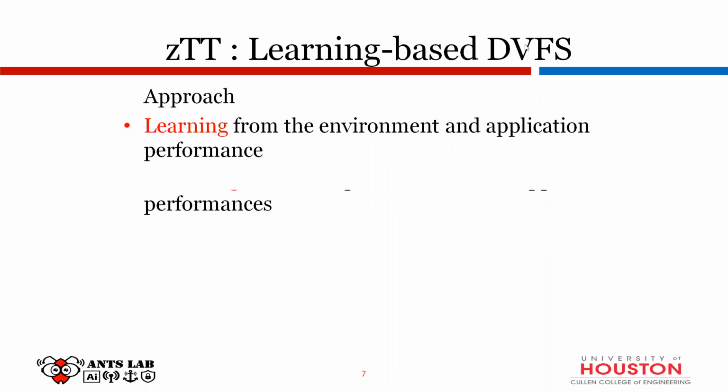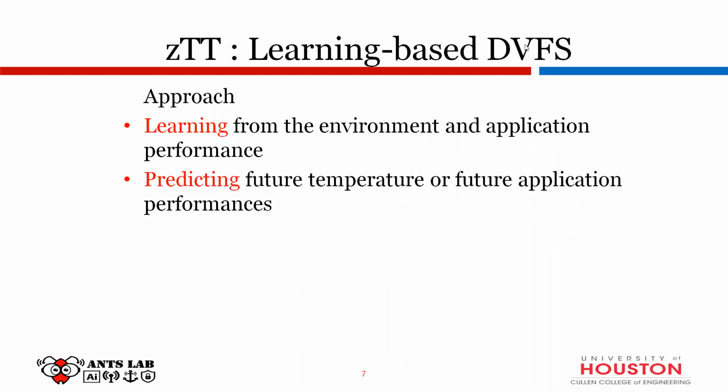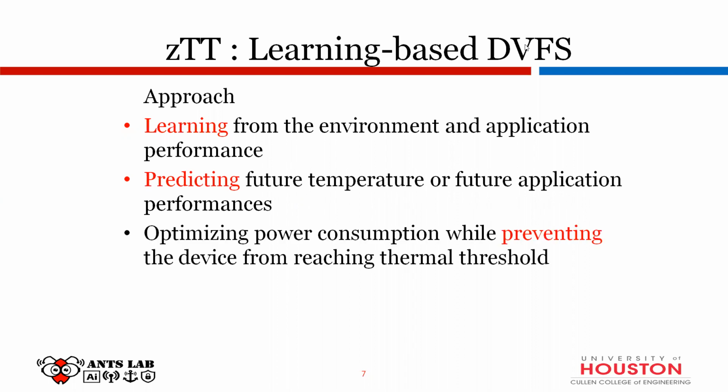After learning those, we can predict the future temperature and the future application performance of the device. Then, with the prediction, we can optimize power consumption while preventing the device from reaching its thermal threshold.